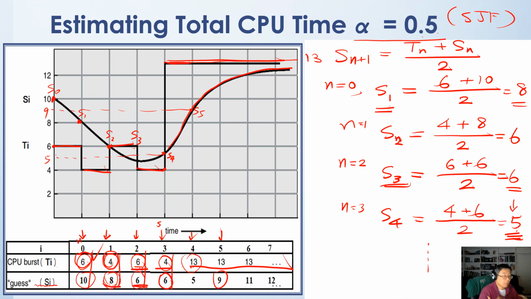So we use the predicted CPU time as the estimate of the actual CPU time, and use it in shortest job first to decide which process should be running. That's what we do in a real operating system.